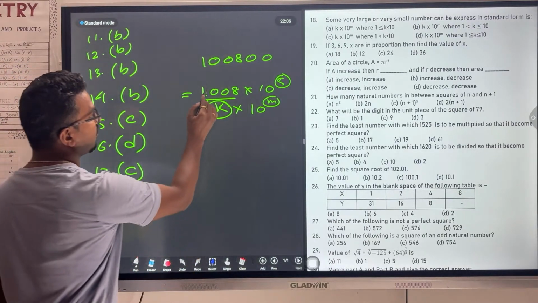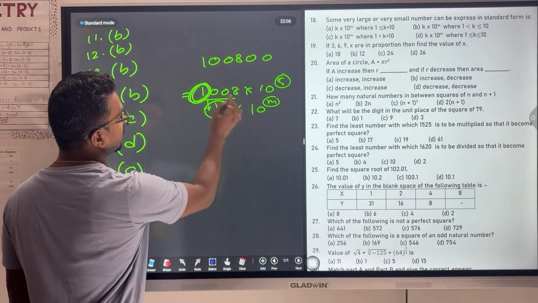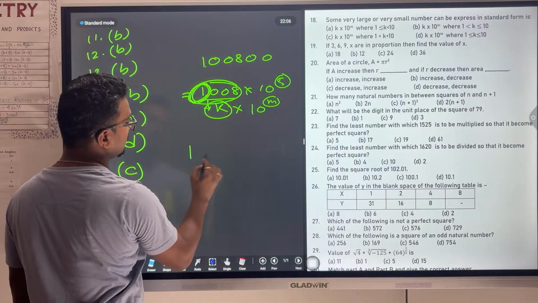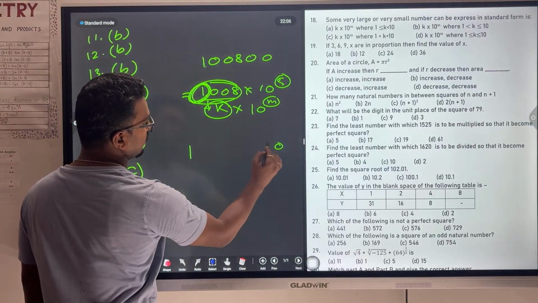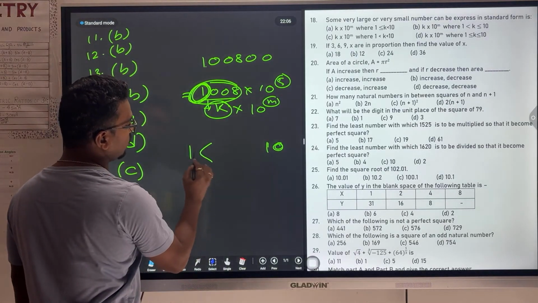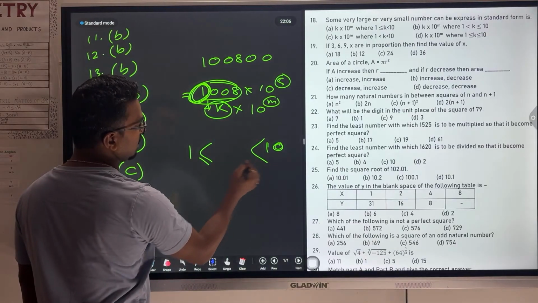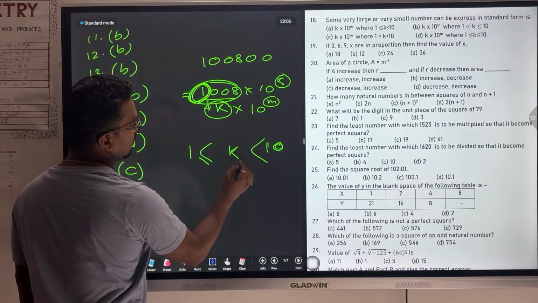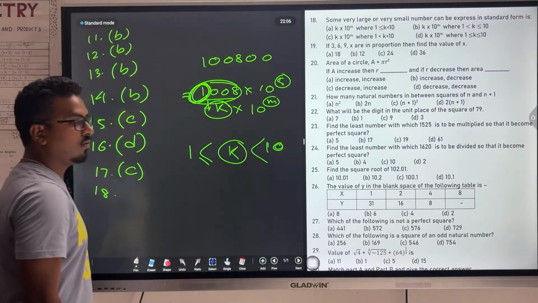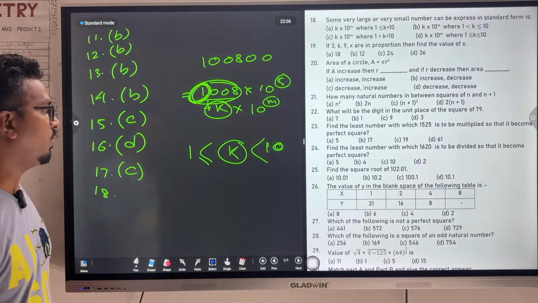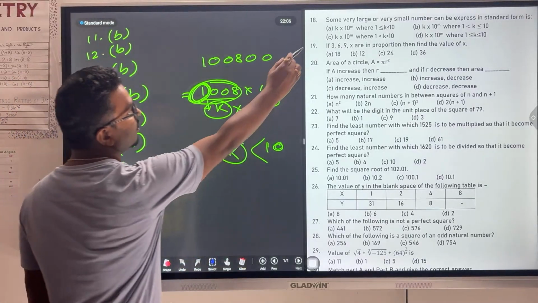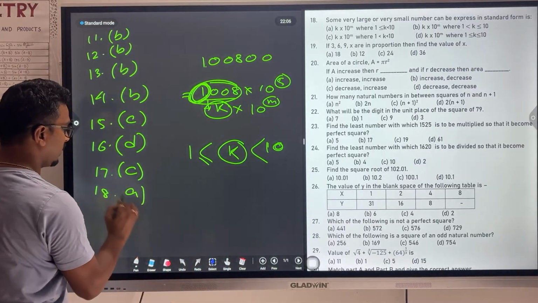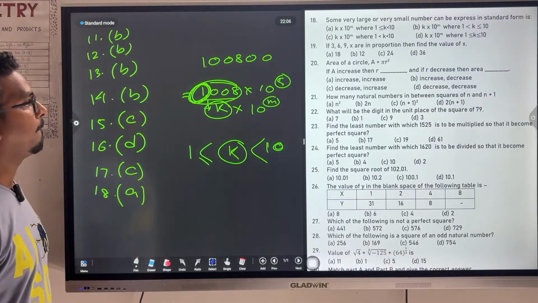So k can be 1 but must be less than 10, meaning a digit from 1 to 9 can come. The option is A, so question 18 is option A.